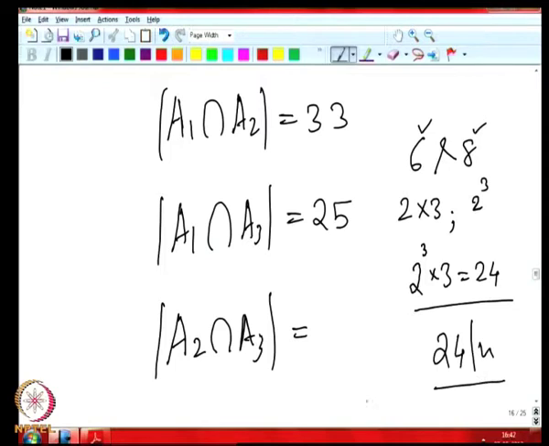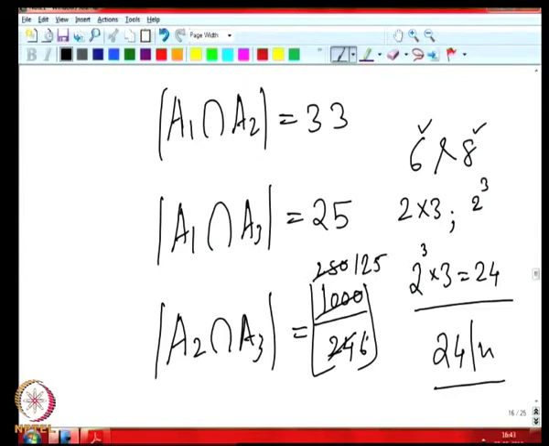So, you can count by asking how many numbers are divisible by 24. 1000 by 24: 125 divided by 3 is 41. So, we get 41 here.